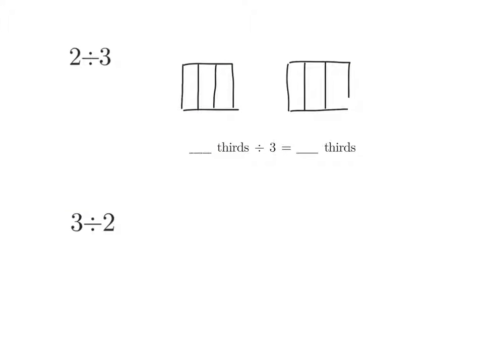Now, here we have 2 units, 1 unit and 2 units. And I want to split each one into 3 equal parts. So here's 1, 2, 3 equal parts for that unit. And here's 1, 2, 3 equal parts for that unit. Do you see that? Okay. If 3 people are going to share those 2 cookies, that first person could have 1/3 of the first cookie and 1/3 of the second cookie.